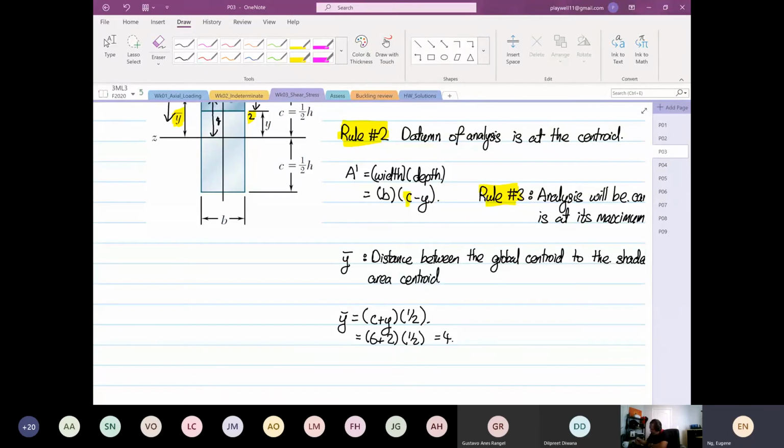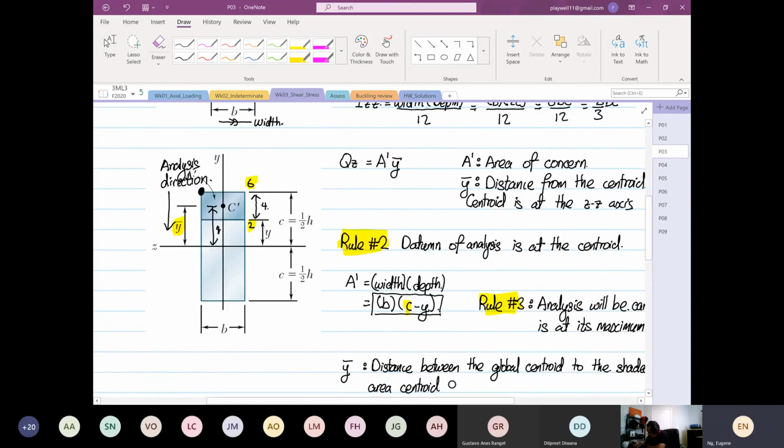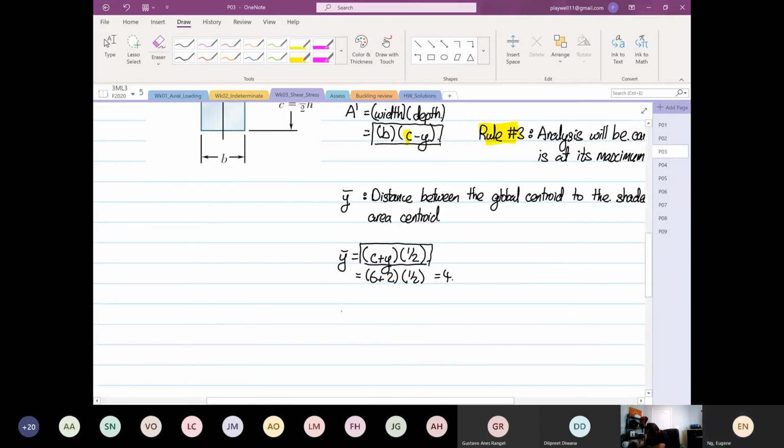So now we have every term. We have this term over here, and this term over here, and then this term over here. We're going to put everything together now. So we now calculate QZ, which is equal to A prime times Y bar.